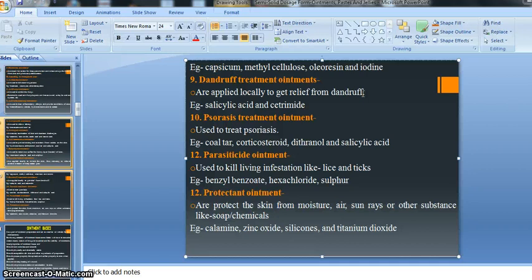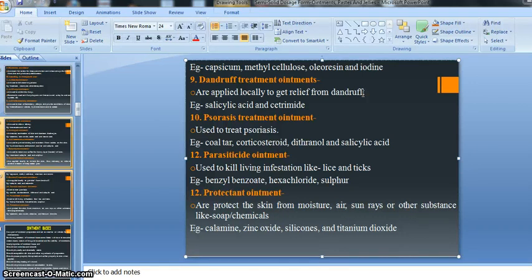Dandruff treatment ointment also acts as an anti-dandruff preparation. The ointment is applied locally where we get dandruff, and it helps to treat dandruff or minimize its production.